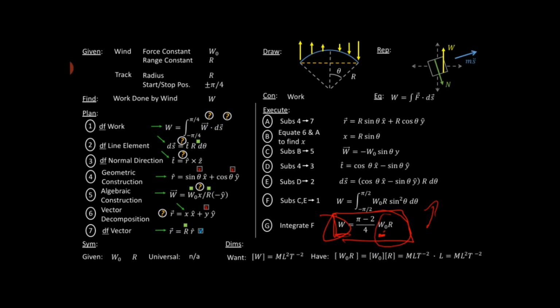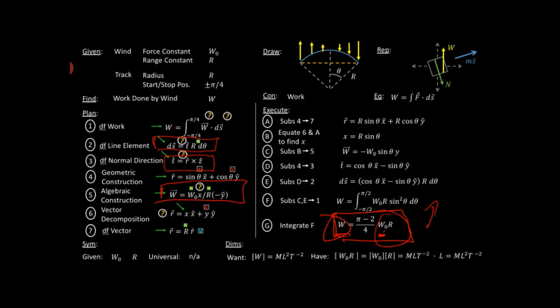So I think that was a fairly informative problem. The really informative parts are 1, the construction of the line element. 2, finding the tangential direction from the normal direction. And 3, constructing the wind force. Hopefully you're good enough with constructing the wind force. All the other things you've basically done, right? You just need to learn how to construct the line element for the line integral, and you're perfectly good.